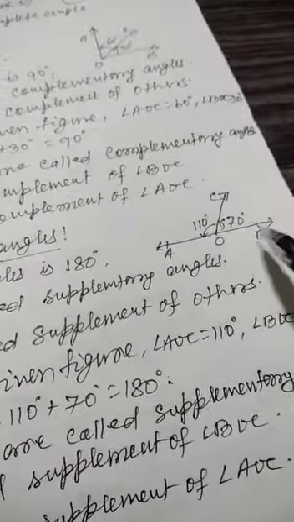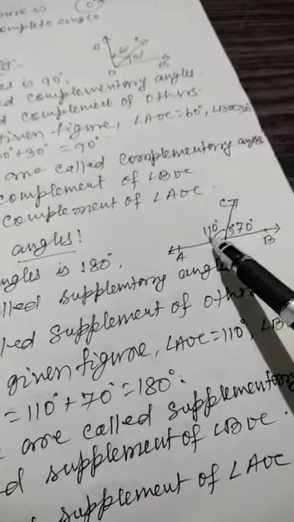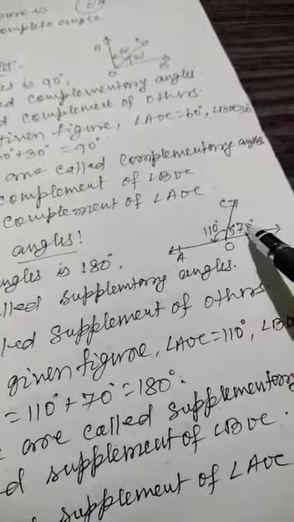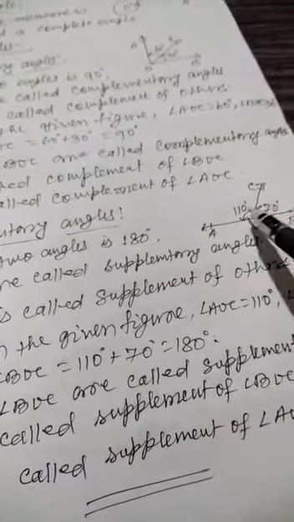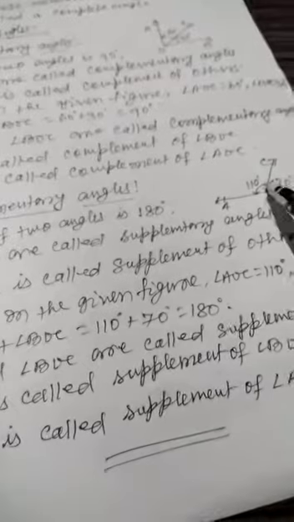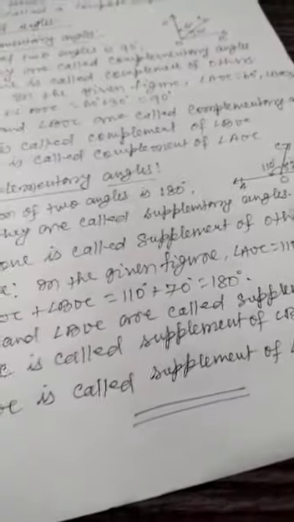Angle AOC and angle BOC. Clear? The value of angle AOC is 110 degree and the value of BOC is 70 degree. So we add them, 110 plus 70, 180. So the sum of two angles is 180 degree. So they are called supplementary angles. Angle AOC is the supplement of angle BOC and angle BOC is the supplement of angle AOC.